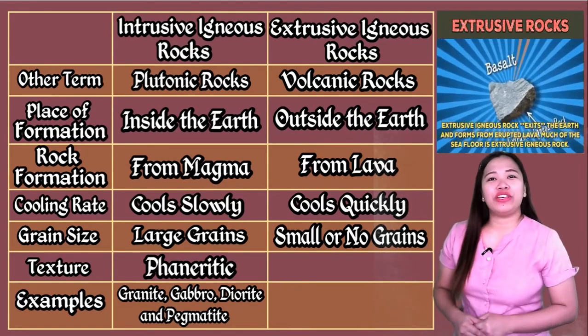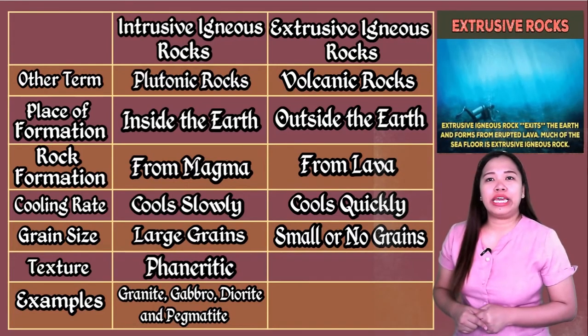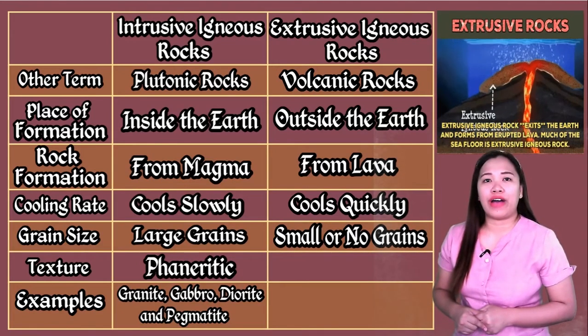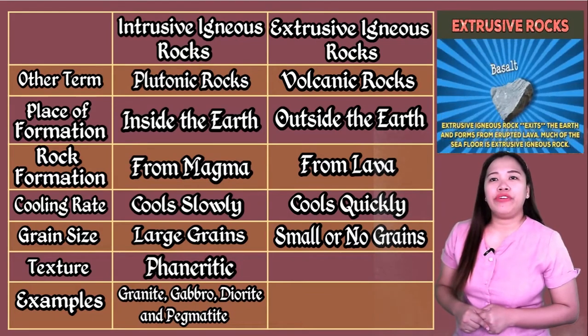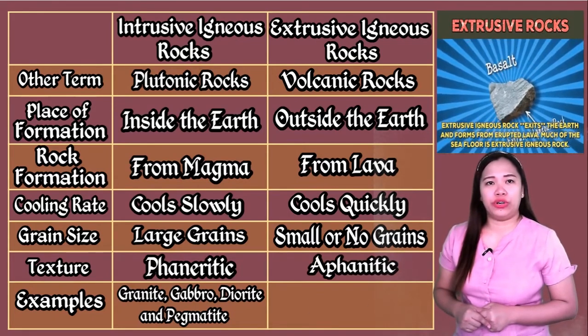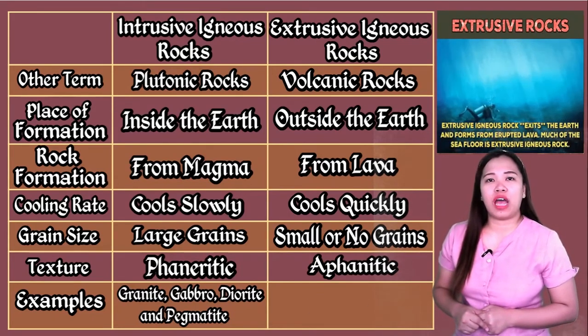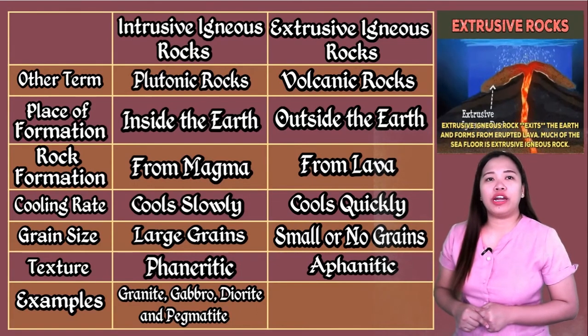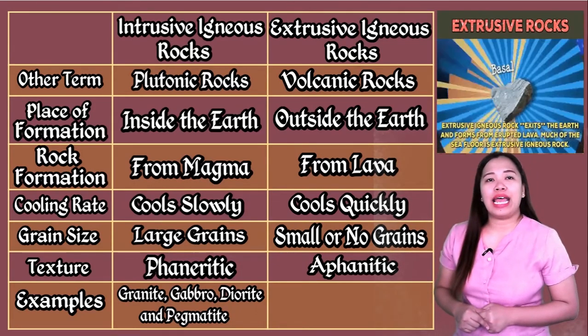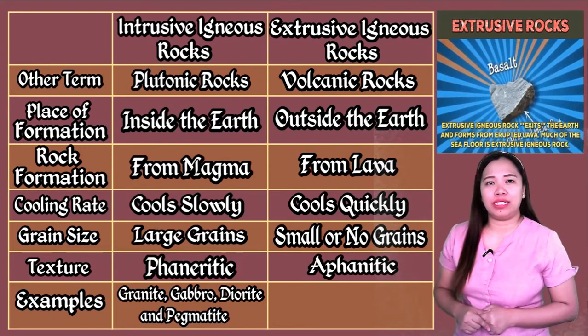The presence of these small crystals gives extrusive igneous rocks a fine-grained texture, scientifically called aphanitic texture. Examples of rocks under this classification are obsidian, basalt, andesite, and pumice.